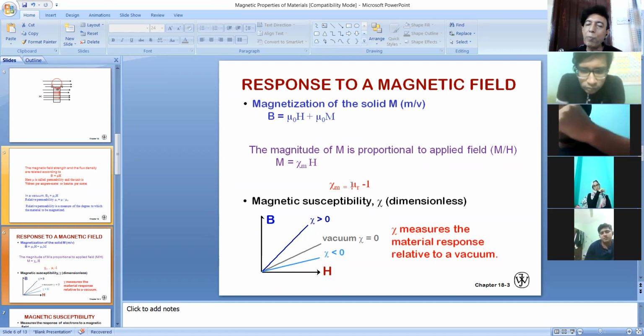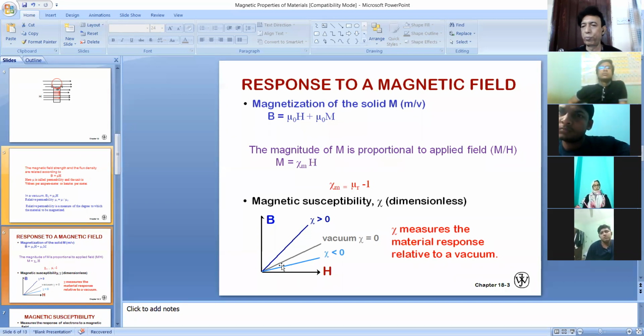And if the mu r value is greater than 1, then the chi m value is positive, that means chi m is greater than 0. Then the line will be this.